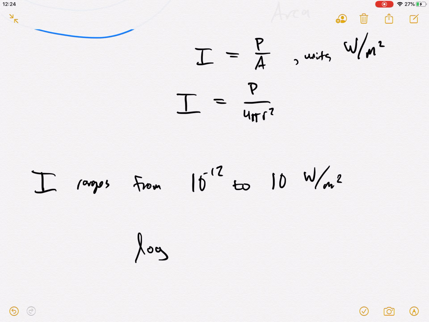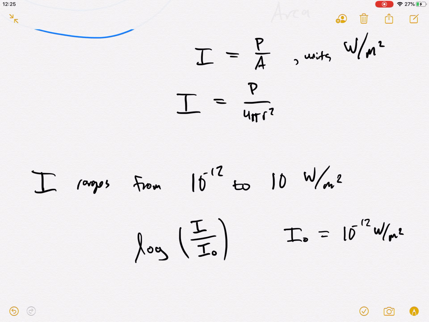All right, so let me do it this way. We take an I, and we often divide by I naught, and I naught here is 10 to the minus 12 watts per square meter. And then we multiply this, we set a scale with 10, and we give it units of decibels.